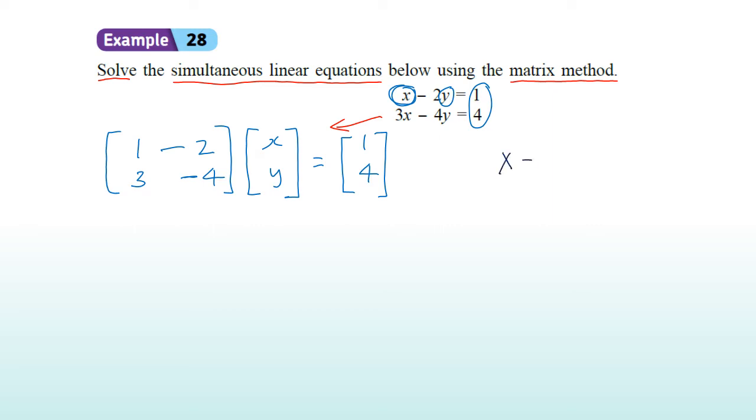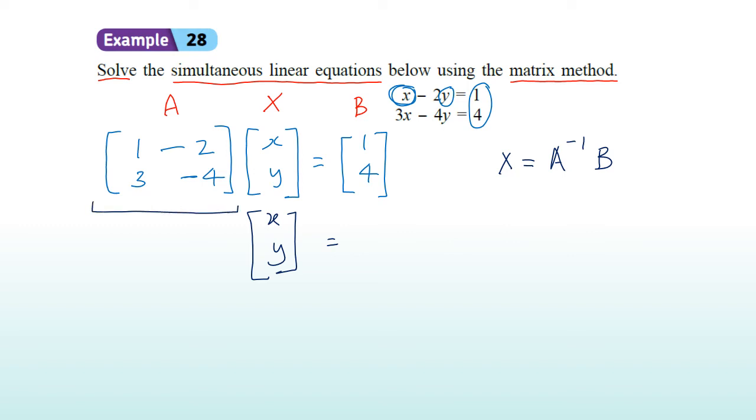Your X equals A inverse times B. So you know that this is your A, this is your X, and this one is your B. So your XY equals the inverse of A. Inverse of A is 1 over AD.